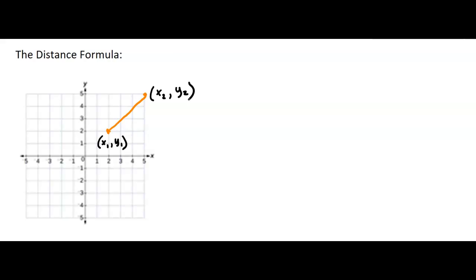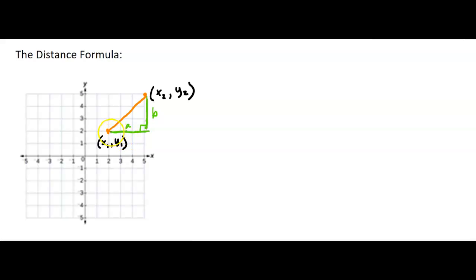Okay, now what we're going to do is we're going to think about this being a triangle. And not just a triangle, but a right triangle. And that's going to allow us to use the Pythagorean theorem. So what we want to know is this distance here, which is a, and this distance here, which would be b.